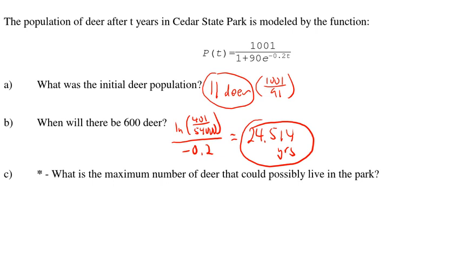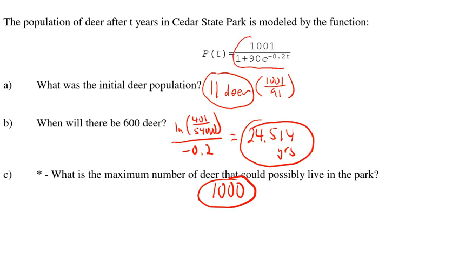If somebody asks you what's the carrying capacity, we'll say 1,001, and it rounds off to 1,001 deer. But if this equation is 100% legit, this can never quite equal 0. So consequently, this can never quite equal 1,001. So if somebody told me 1,000, I would have given that group the points. But I had the most answers from group number 1 in the chat, so we'll take that one.